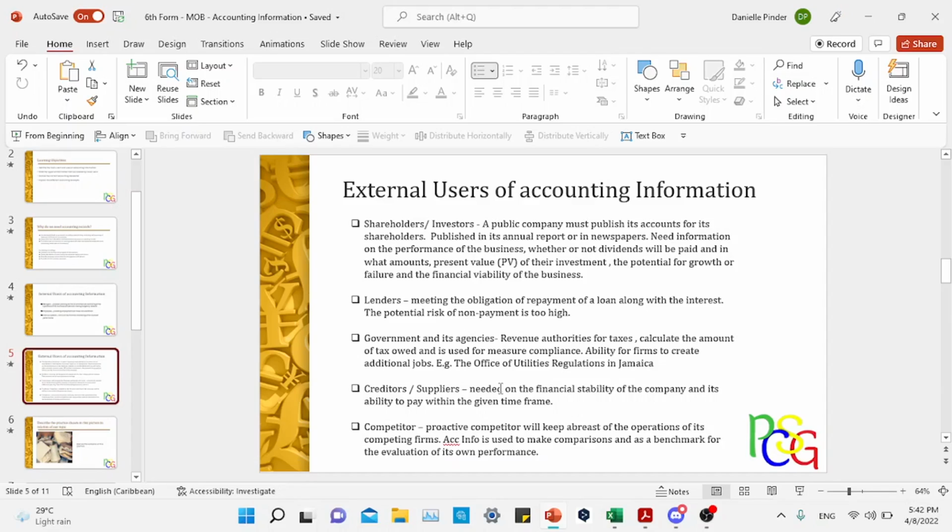You got to know how are they able to get cheaper prices, and all of that comes from accounting information. It also helps you to make comparisons to see exactly what you can do with your own business, and it can also evaluate your own performance, right?